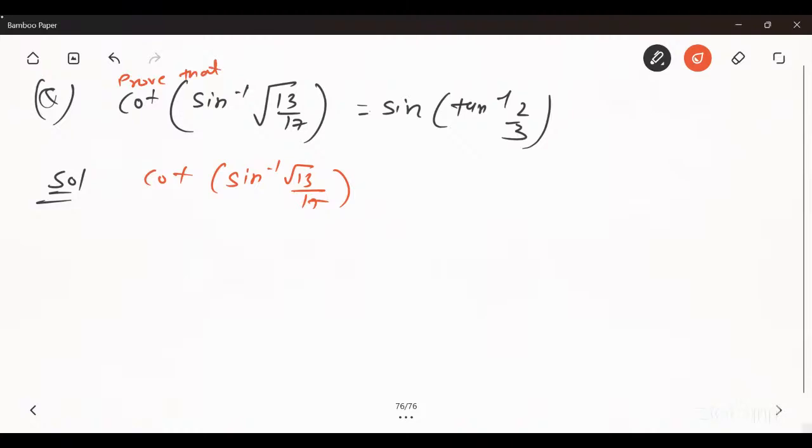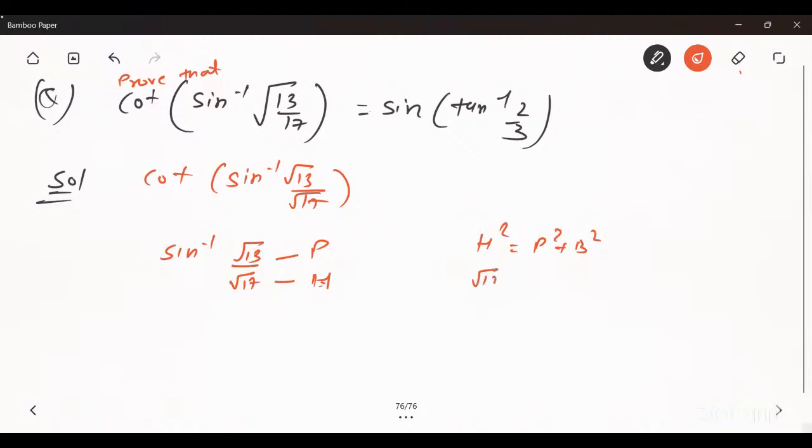We have discussed in the previous slide that if sine inverse is root 13 by root 17, here root 13 will be perpendicular and hypotenuse will be root 17. So hypotenuse square is equal to perpendicular square plus base square.